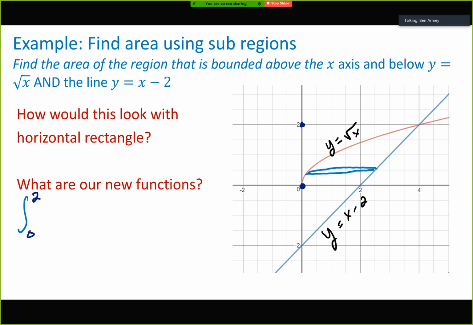We have to rewrite these equations, though. Instead of y equaling square root of x, we want it to be x equals. So if I'm looking at my square root of x, I'm going to switch these around. So x would equal square root of y, or back that up, x would then equal y squared.